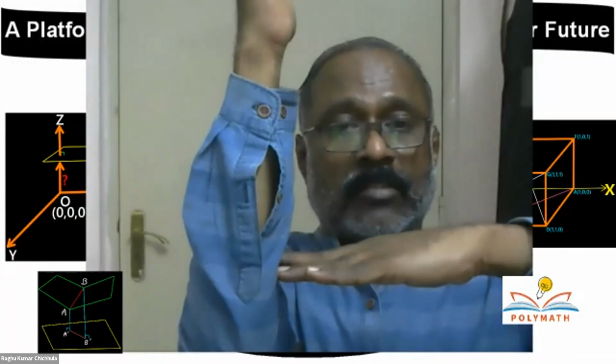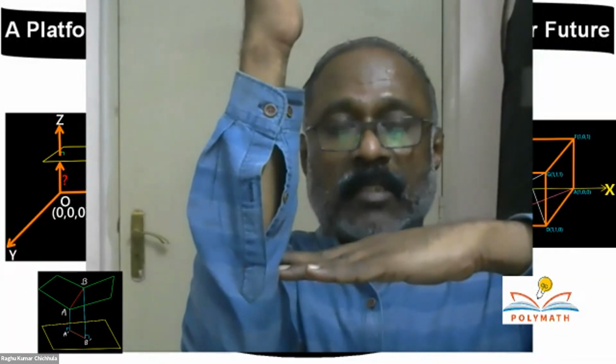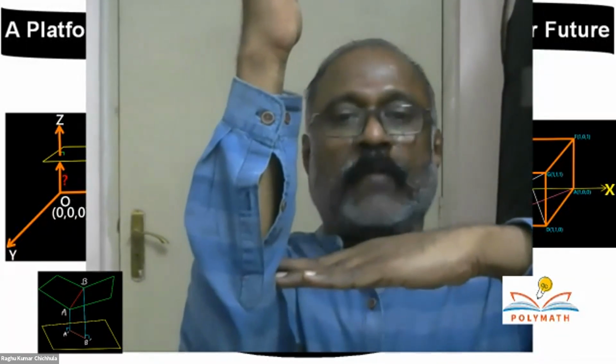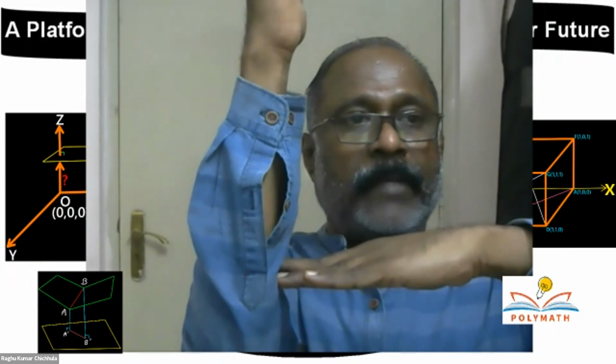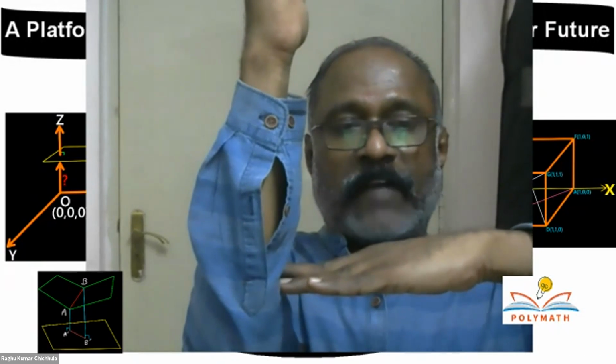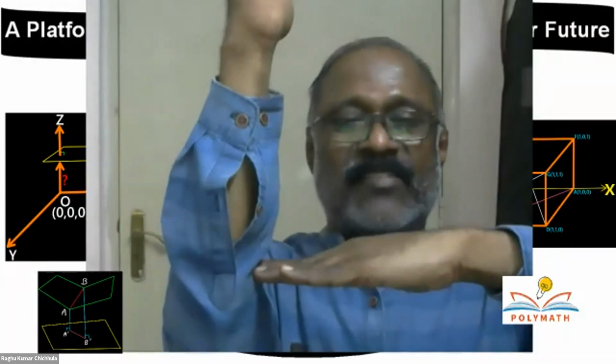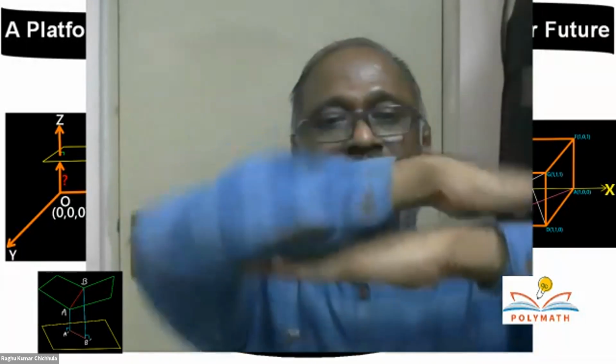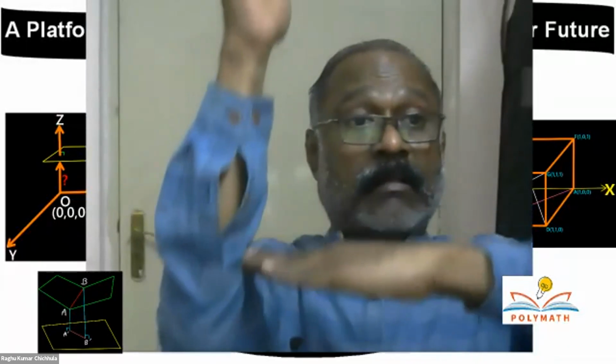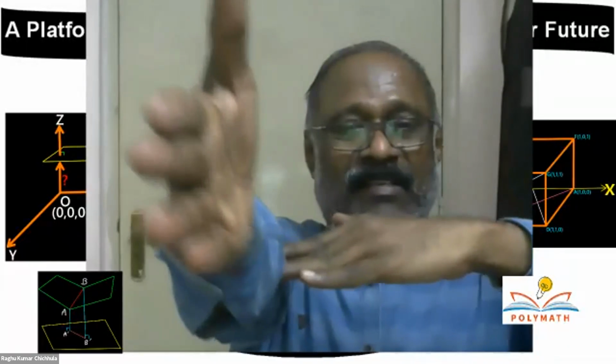Now, if I find the cross product of these two vectors, how should the cross product or vector product have a direction? This is one vector, this is another vector, and the cross product is perpendicular to both.